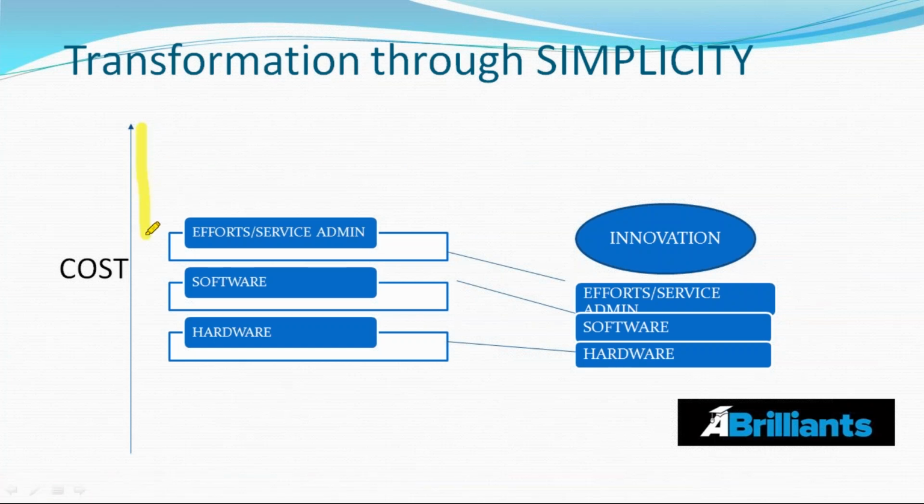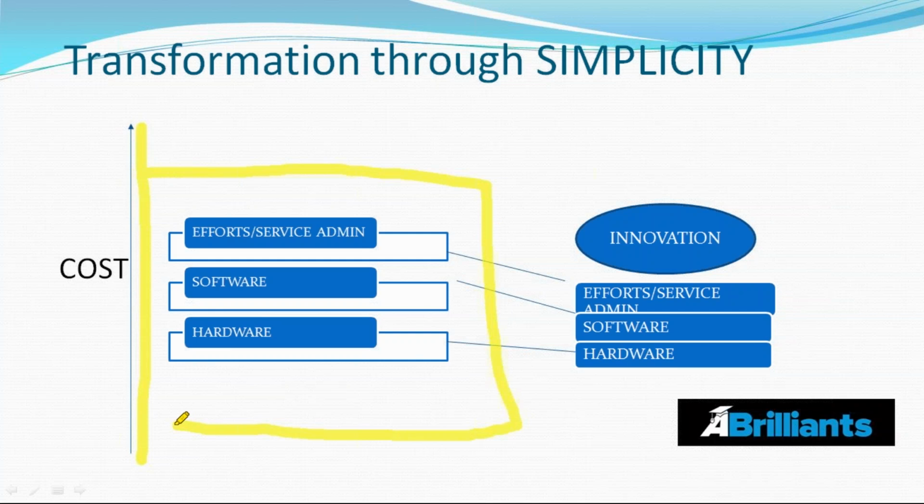Look at the time frame. We have a cost margin. We have the effort and service, software and data, and hardware components here. We look at the margin at which these operations take effect.